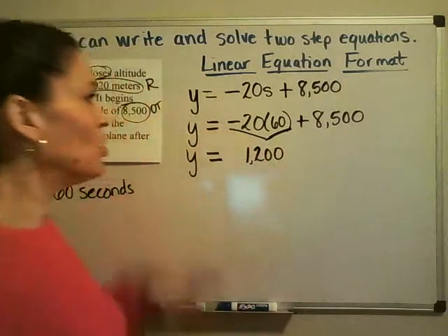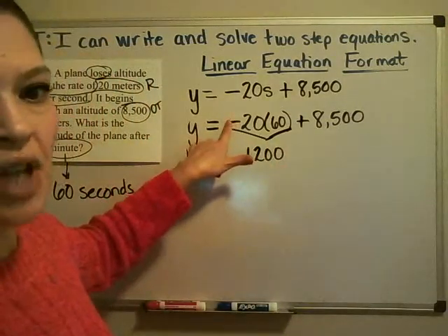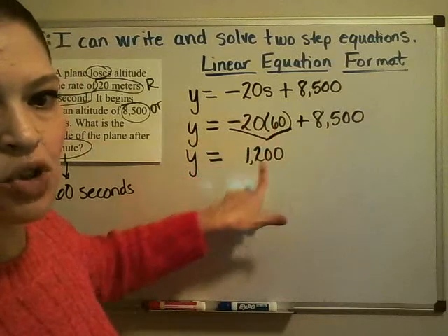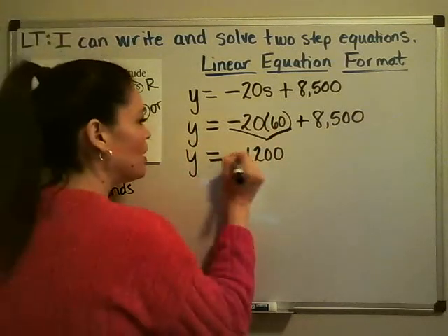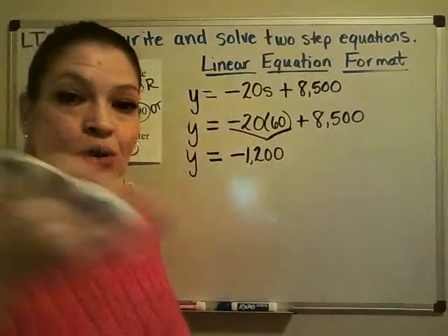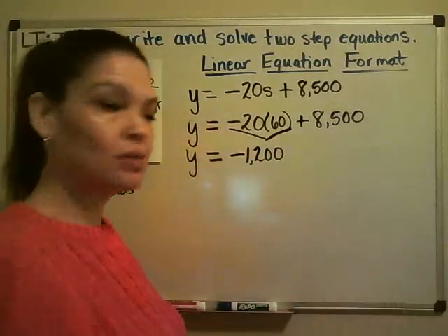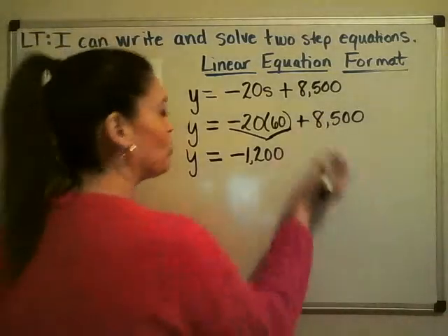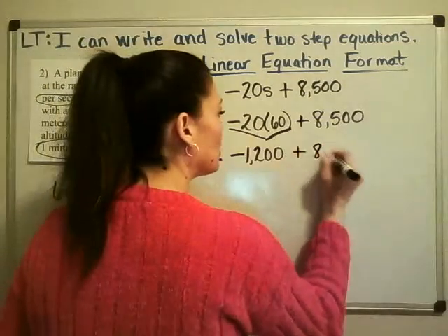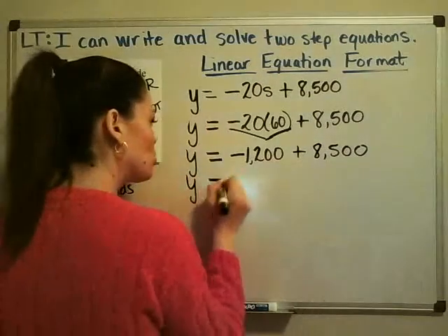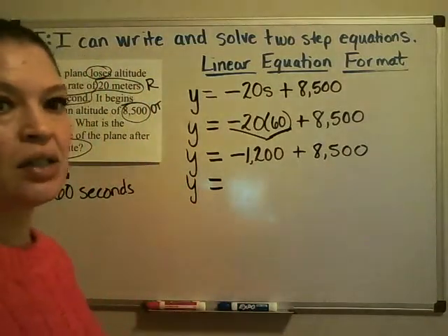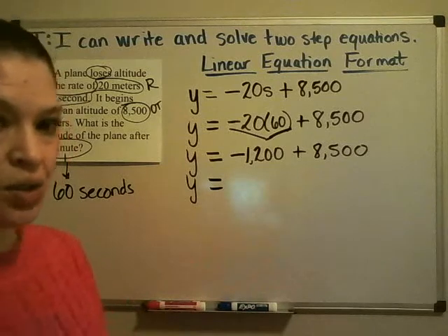However, you have a negative times a positive, which means that 1,200 is negative. Remember, you're losing altitude, okay? Write down what you have left, plus 8,500. Y equals, we are about to arrive at the descending altitude.